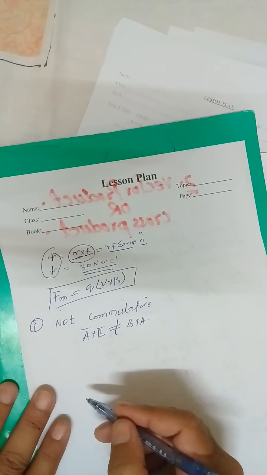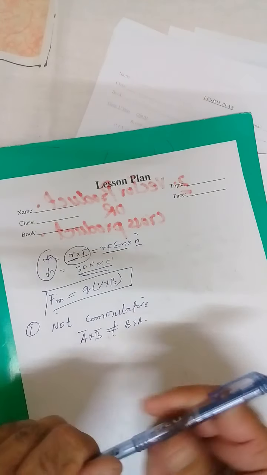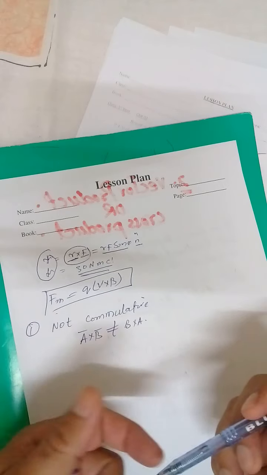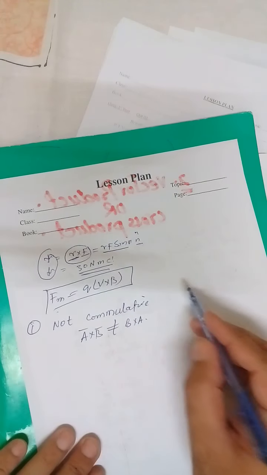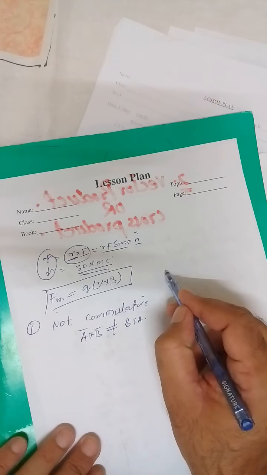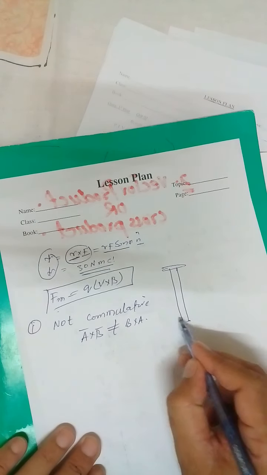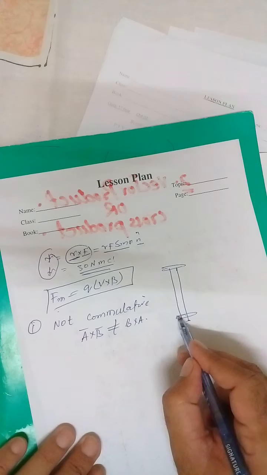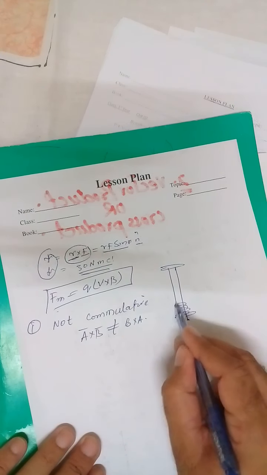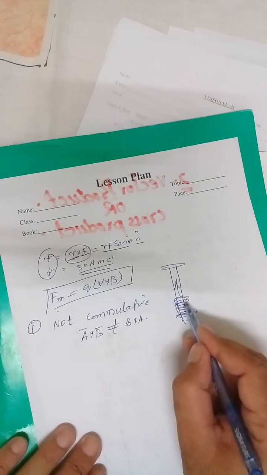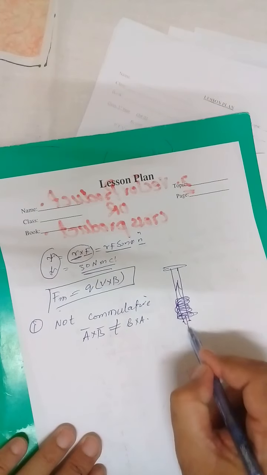Why? If you want to open a nut, you give rotation in one direction, and if you give it in the other direction it comes back, so it means 180 degrees direction. Let's say this is a nail and this is a nut. If you rotate in this direction, it moves up, and when you move in this direction it goes down.